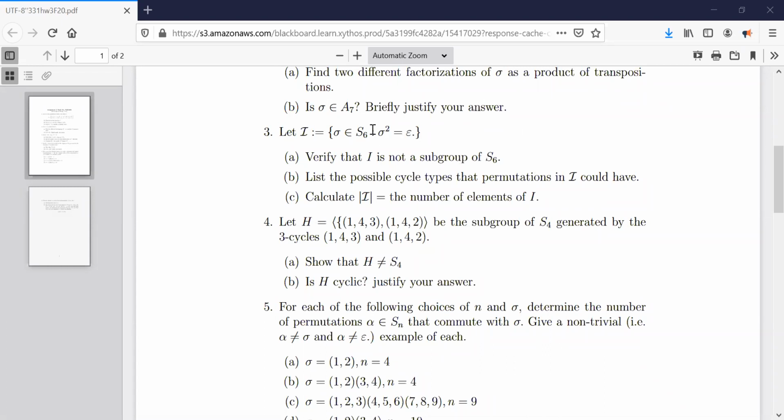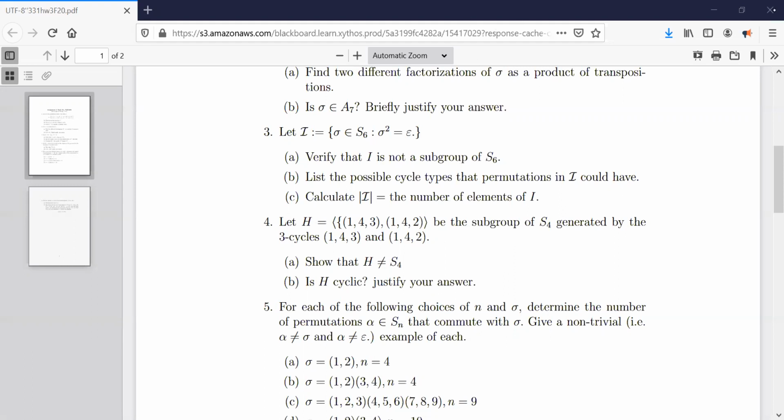Well, what do we know for these guys? If sigma squared is equal to epsilon, what do we know? Yeah, everything's its own inverse. So what does it look like? Yeah, exactly. Everything looks like either 2 cycles or compositions of 2 cycles.